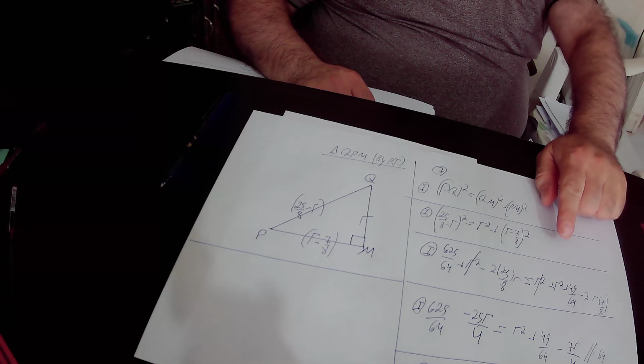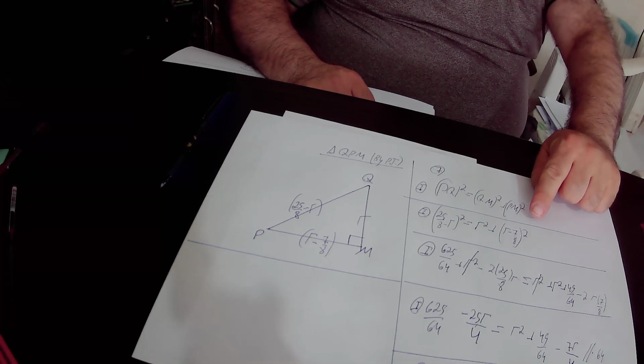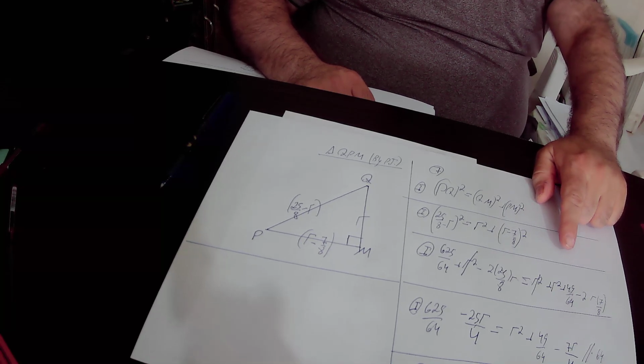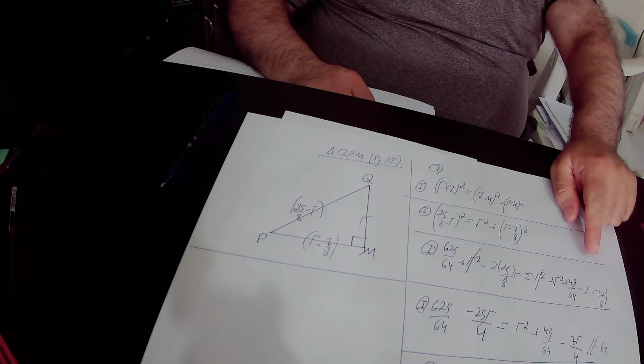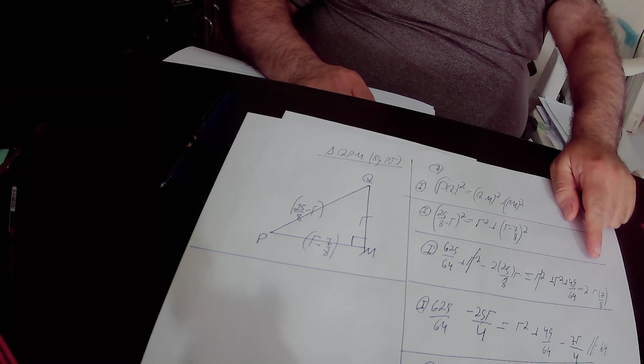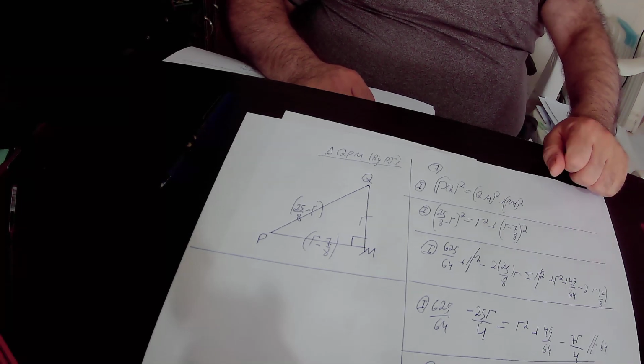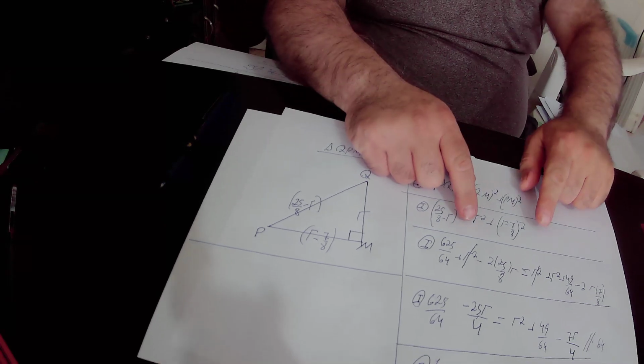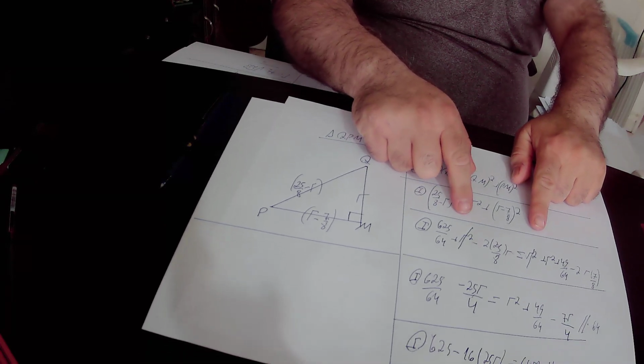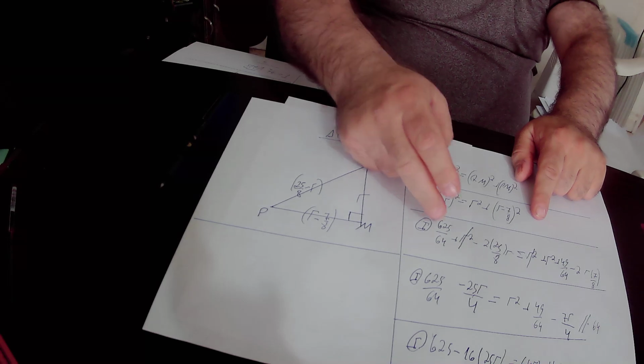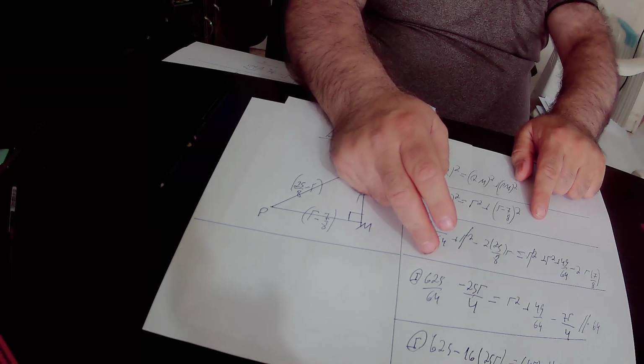We open the brackets here. (r minus 7/8) square equals r square plus 7 square over 8 square, that is 49/64, minus 2 times r times 7/8. Here we have r square on both sides of the equation, so r square will get cancelled, and we are left with only 625/64.